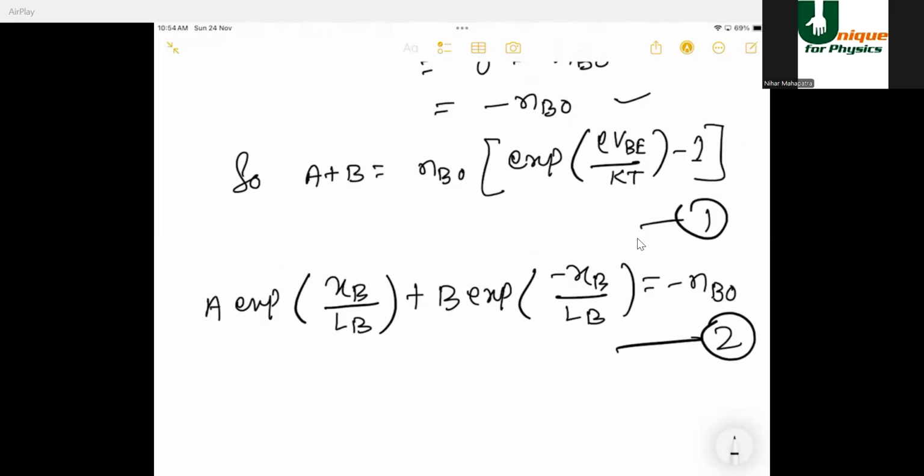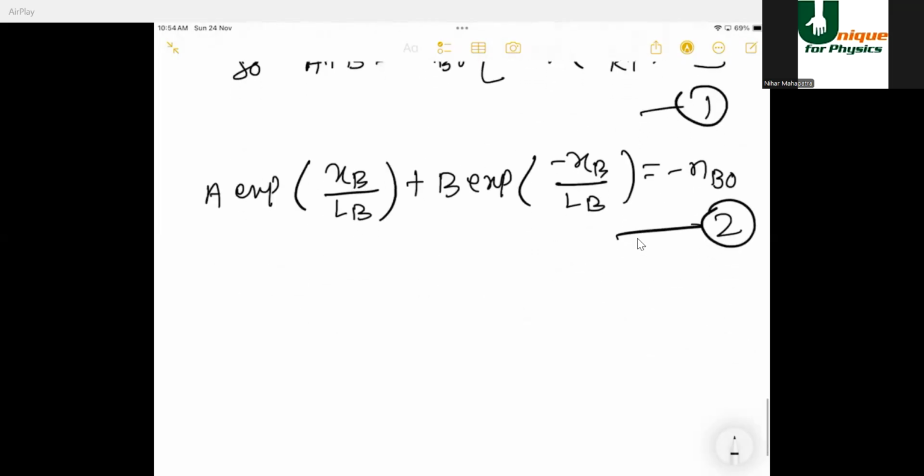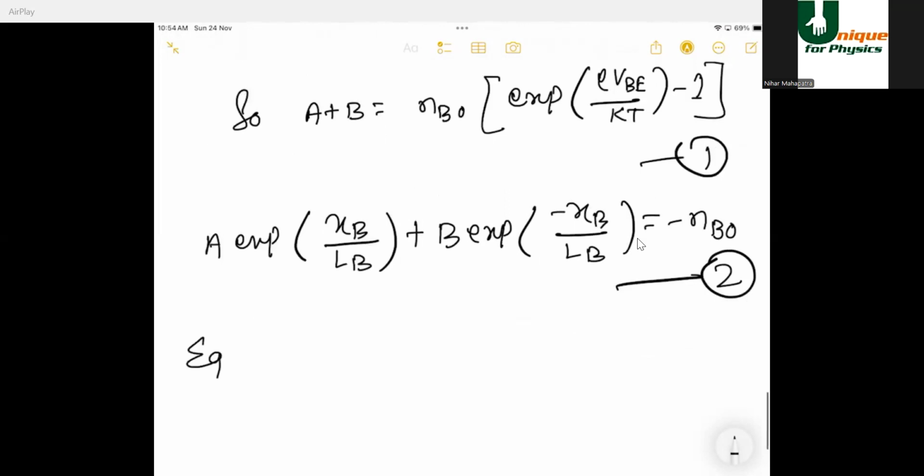A plus B is this. So we can multiply exponential of xb by lb in equation 1, and then subtract these two. So let us take equation 1, multiply it with exponential of xb upon lb and write the value.